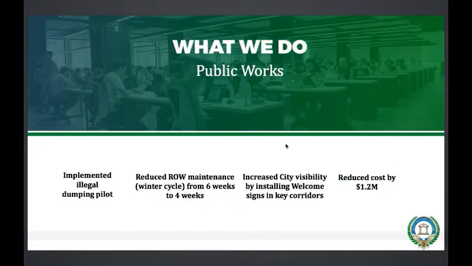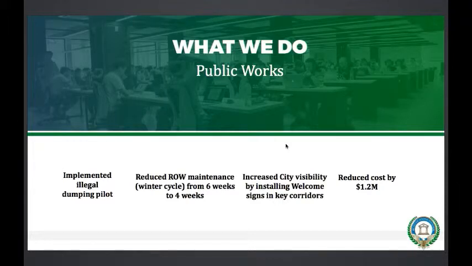Public Works, some of the key highlights, again. Noting that this group transitioned November 2018, we are definitely excited to highlight some of the accomplishments that we were able to achieve during this short time frame.